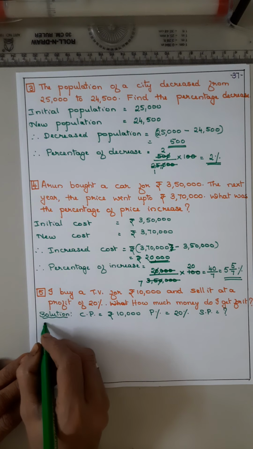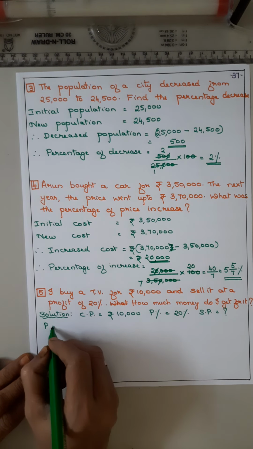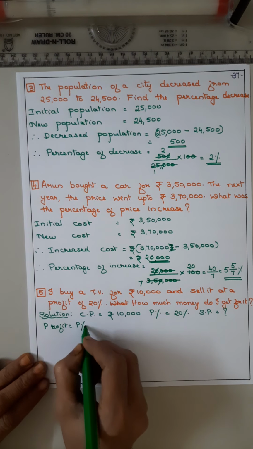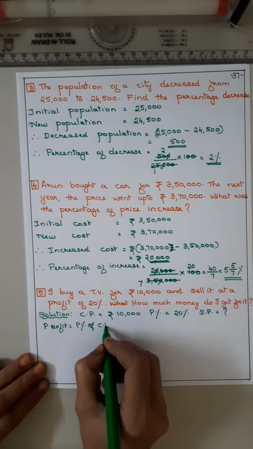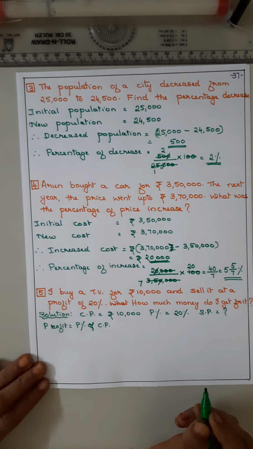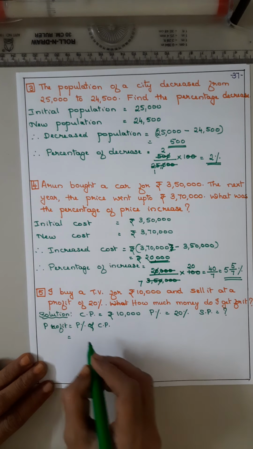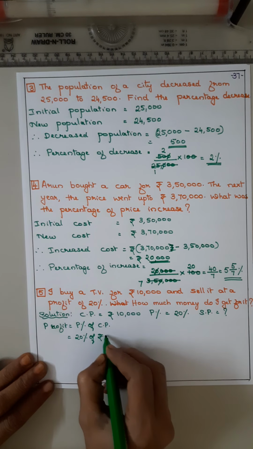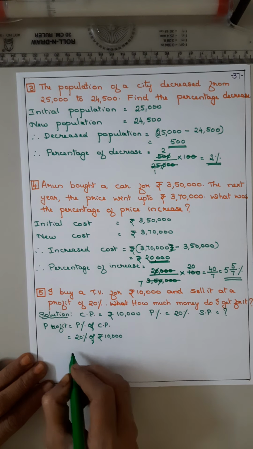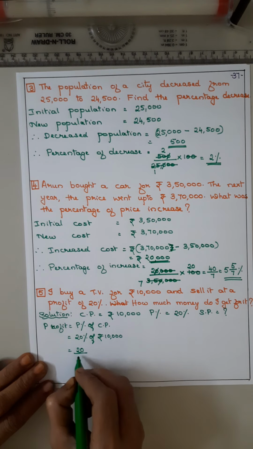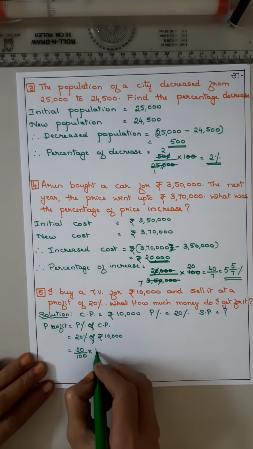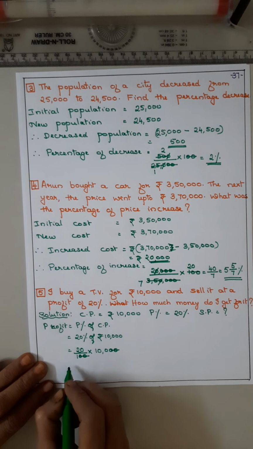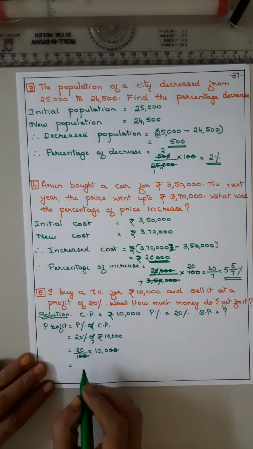So profit is equal to, आपको सबको मालूम है प्रॉफिट कैसे फाइंड आउट किया जाता है? प्रॉफिट परसेंट ऑफ सीपी है ना. प्रॉफिट इज इक्वल टू प्रॉफिट परसेंट ऑफ सीपी. प्रॉफिट परसेंट कितना है? 20% ऑफ रुपीज 10,000. तो फाइंड आउट करो 20 by 100 into 10,000. तो 2 कट.